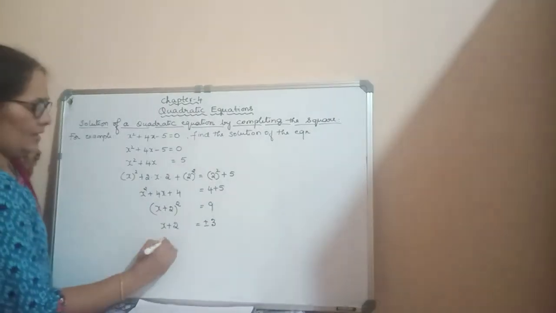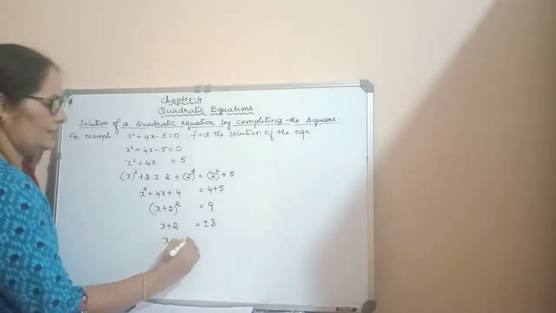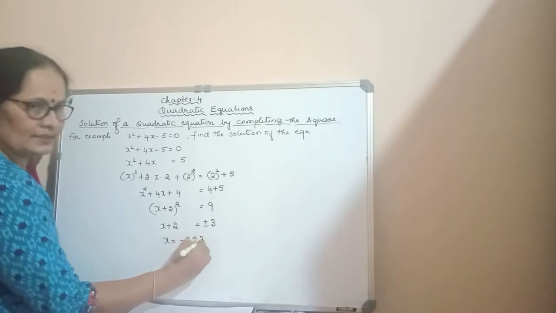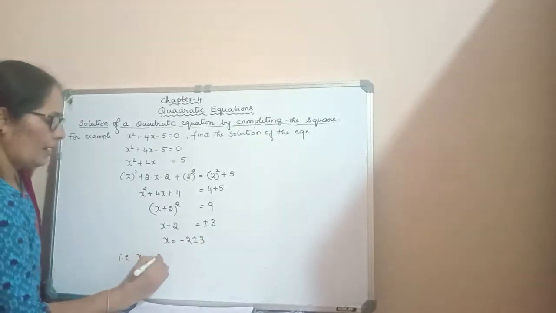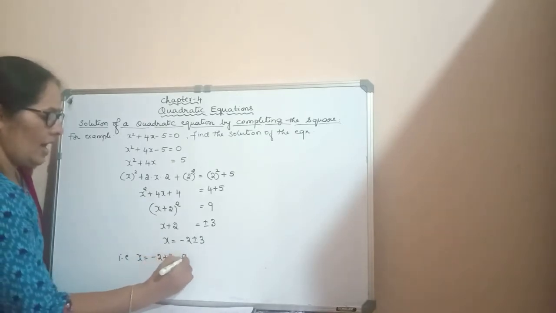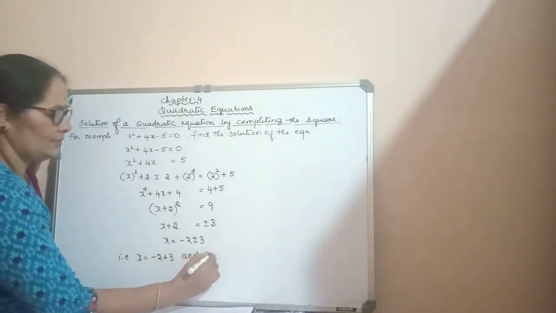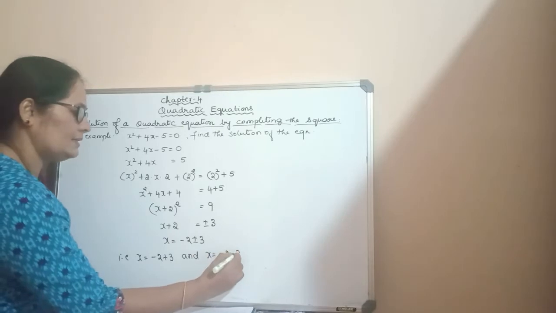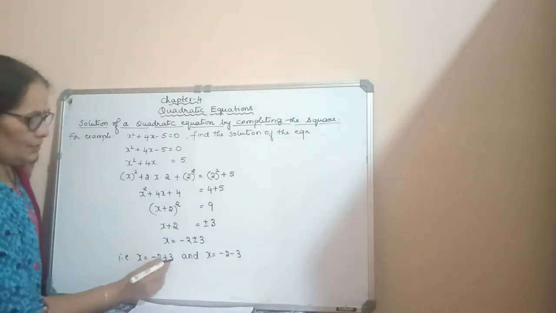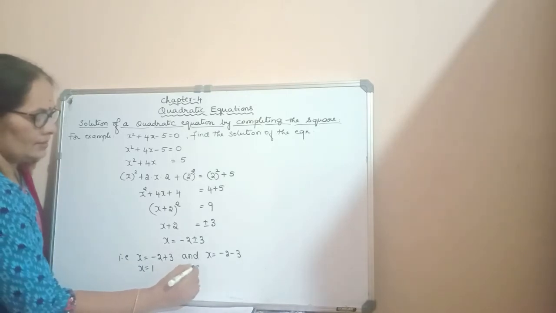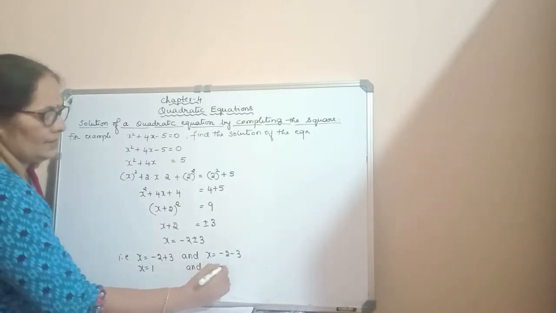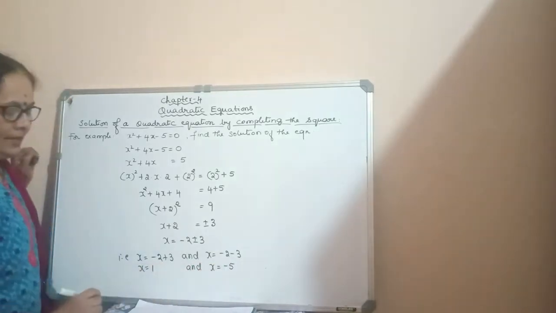So x equals minus 2 plus or minus 3, that is x equals minus 2 plus 3 and x equals minus 2 minus 3. So minus 2 plus 3 is 1 and minus 2 minus 3 is minus 5.